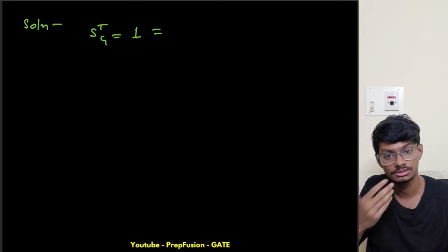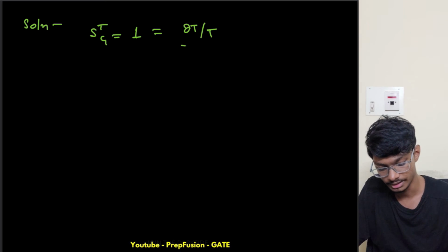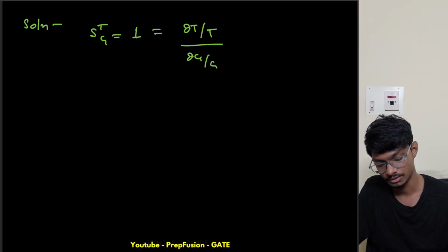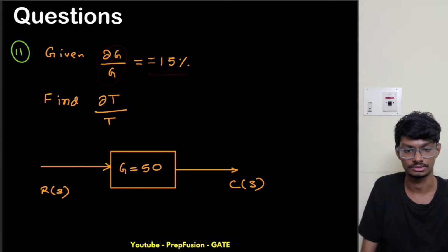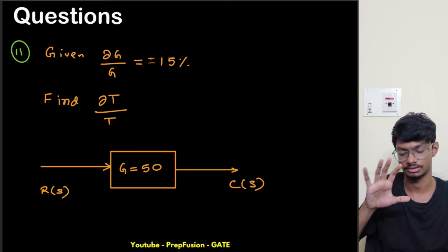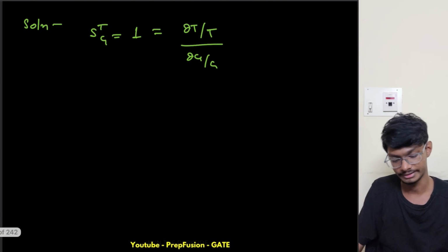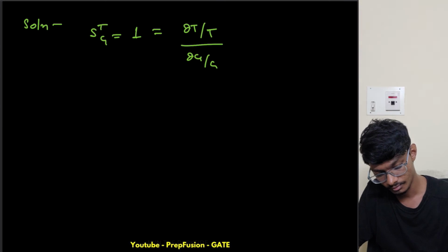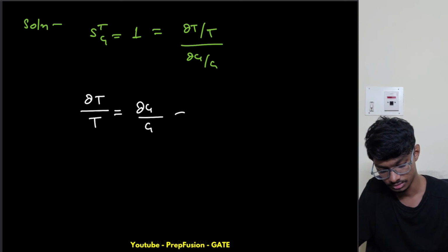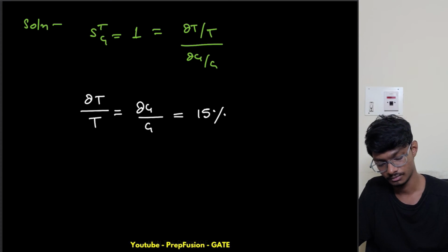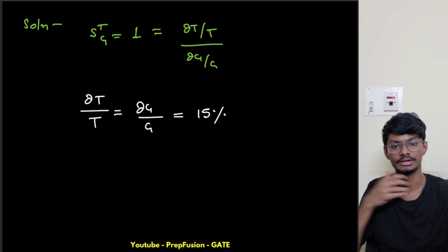So this equals delta T upon T by delta G upon G. We have been given delta G upon G, that is 15%. We can write it as a normal numerical value, or directly as a percentage. So our delta T upon T will be equal to delta G upon G, which is 15% only. So this one was a pretty simple question.